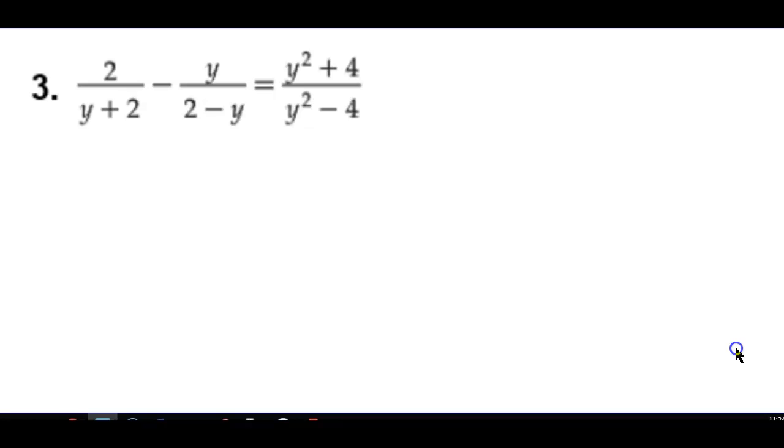All right, number 3. This is a trick because 2 minus y, this factors, okay. This side factors y minus 2, y plus 2. So the common denominator needs to have a y plus 2 and a y minus 2 and a 2 minus y?